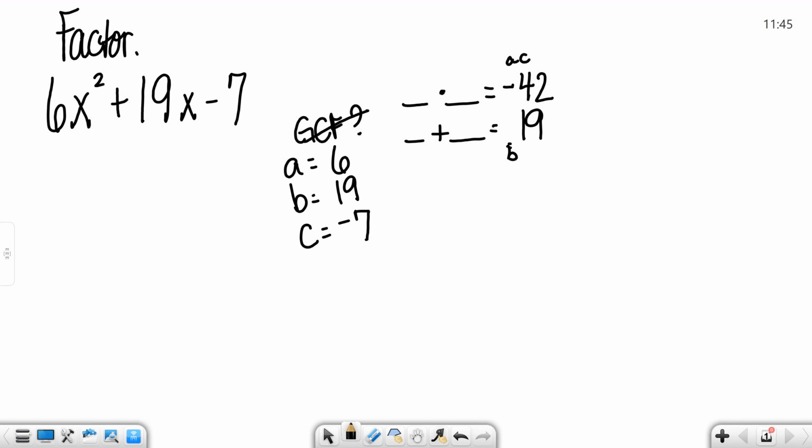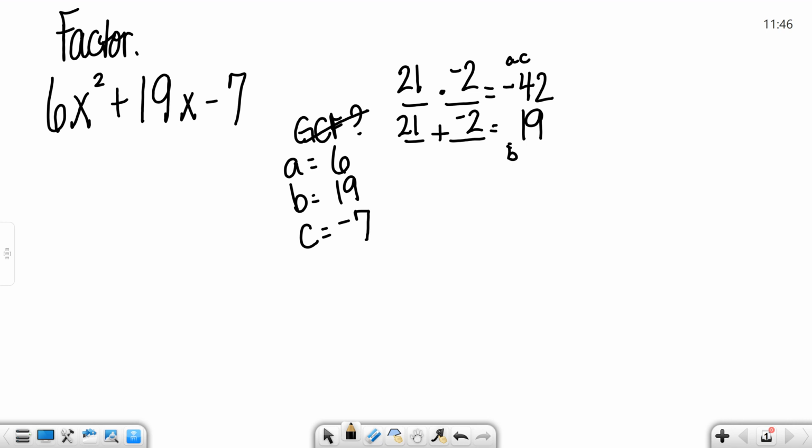All right, so looking for two numbers that when I multiply them, I'm going to get 42, but when I add them, I'm going to get 19. All right, so 21 times -2 does give me -42. 21 plus -2 does give me +19. So I found my numbers.